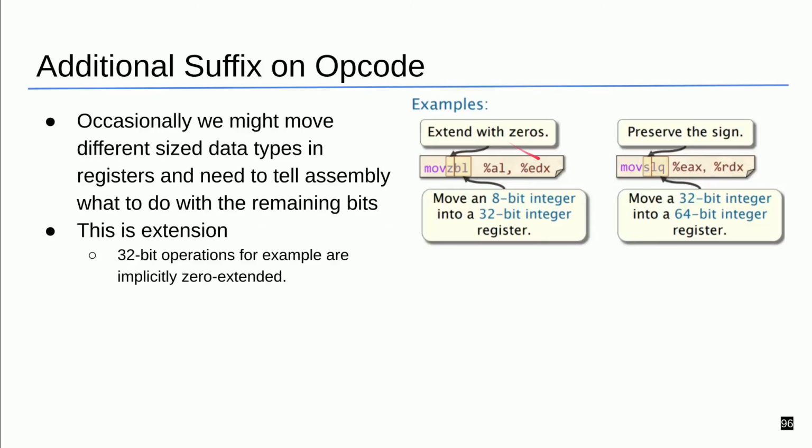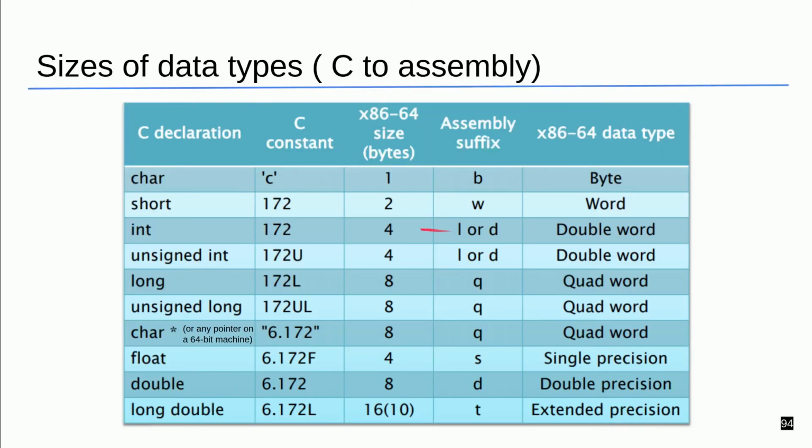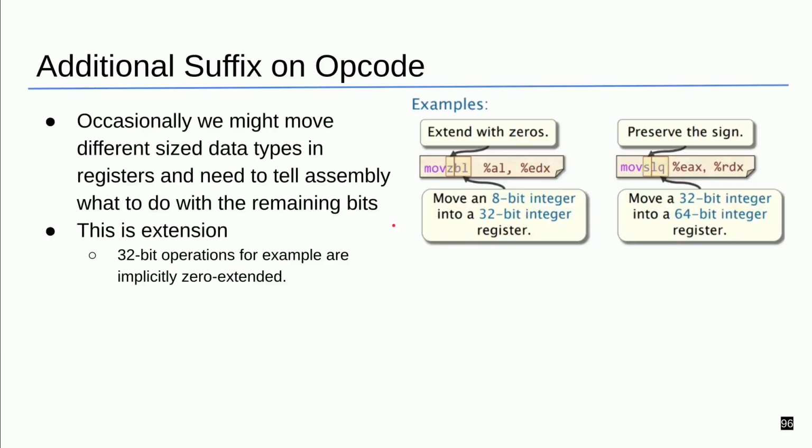L was a word, so this is, well, let's look at our chart here, 4 bytes, a double word, excuse me. So we're going to move something that's 1 byte, something really tiny, into another register that's bigger and can store 32 bits, and then zero out all of the other bits that might have been here before. Okay, so you don't have to memorize this stuff, not in this class.